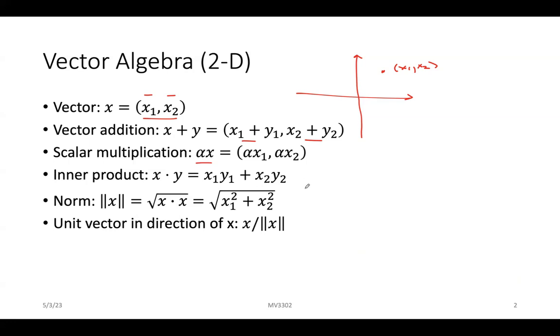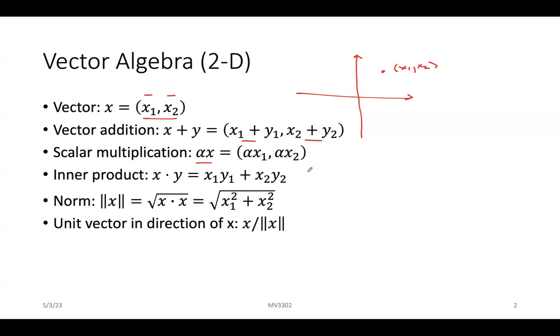Okay, and the inner product. That's something that we are going to be exploiting, and there are a number of different ways of representing this. When you think about operations on vectors, again, we can add them, we can multiply by a scalar, but what does it mean to multiply 2 vectors together?